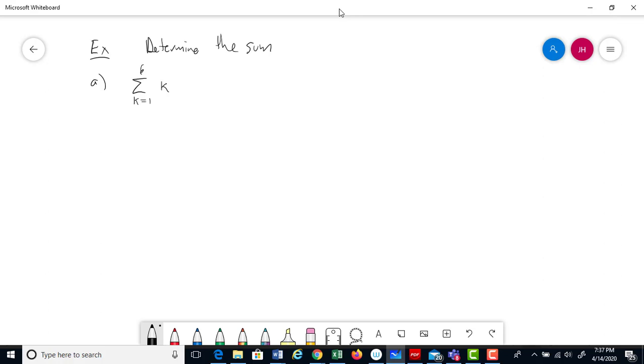Our formula k just means we're going to have 1, 2, 3, 4, 5, 6 terms, and I'm going to plug 1 into this formula, so you just get 1 plus. Then you're going to do it all the way till we get to 6: plug in 2, then 3, then 4, then 5, and last 6. We're just going to add all those up, so it simplifies to 21.